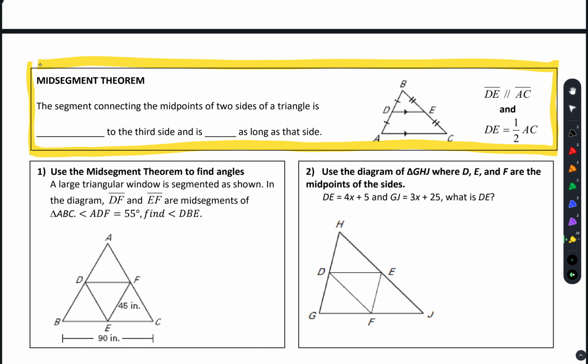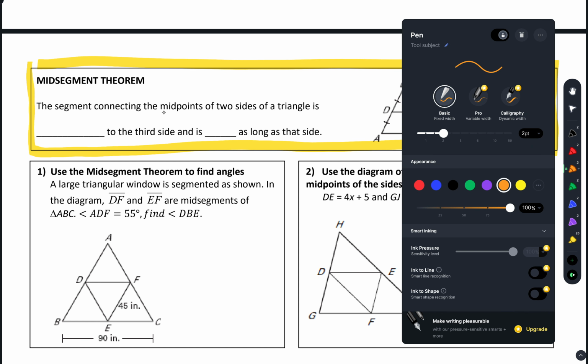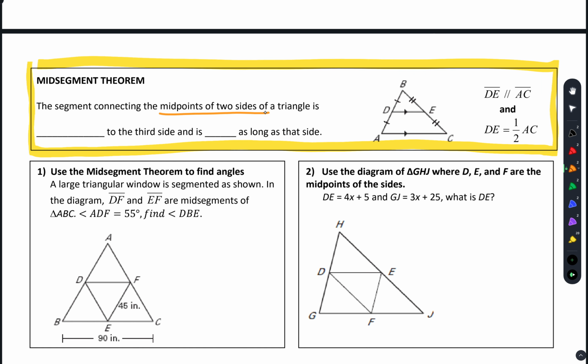The mid-segment is the segment that connects the midpoints of 2 sides together and is parallel to the 3rd side. So that's our first property, that it's parallel to the 3rd side. And our second property is that it is half as long as the 3rd side.